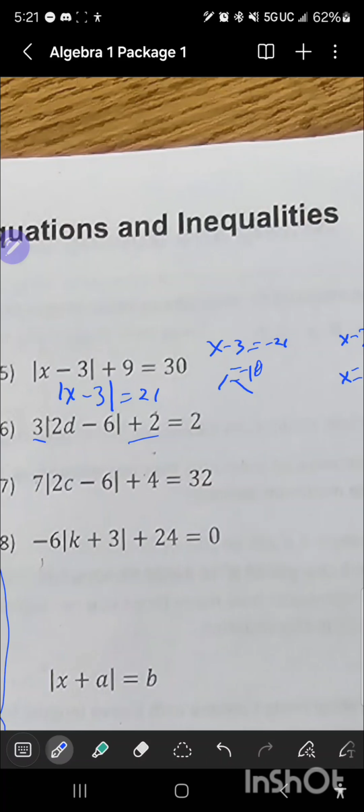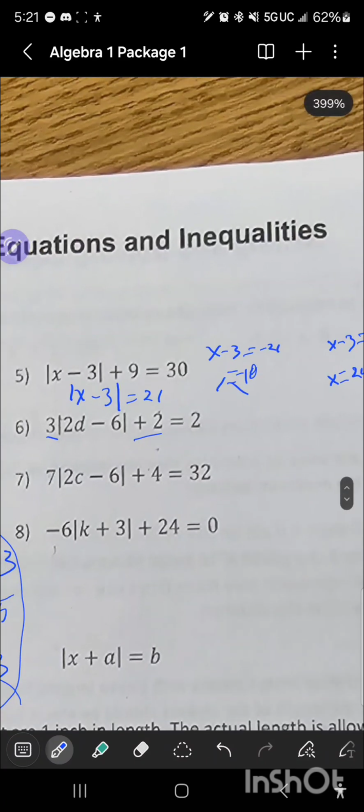For this example, as I just said, we first need to subtract 2 from both sides. So I get that 3 absolute value of d minus 6 equals 0.